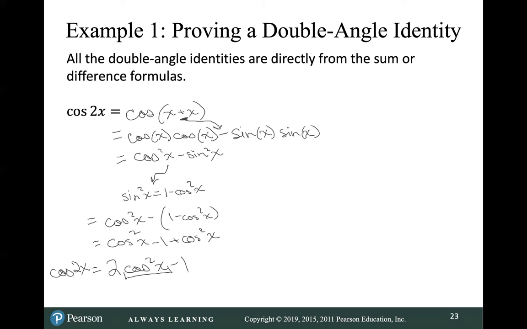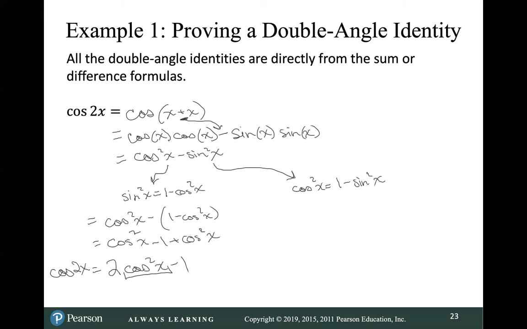We're going to take that intermediate answer that we got, the first identity that we derived, and we're going to go ahead and replace, instead of sine squared, the cosine squared x from the Pythagorean identity. And we're going to follow the same process.